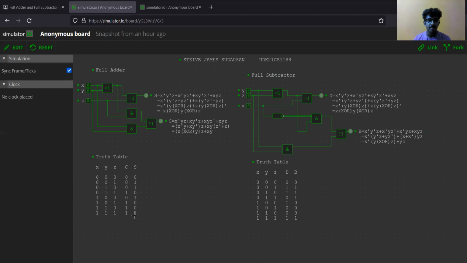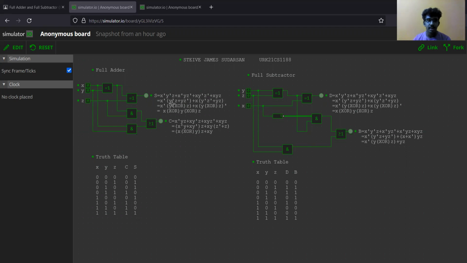And the last one represents 1, 1, and 1, which takes x, y, and z. Here we get the equation as x complement y complement z plus x complement y z complement plus x y complement z complement plus x y z.